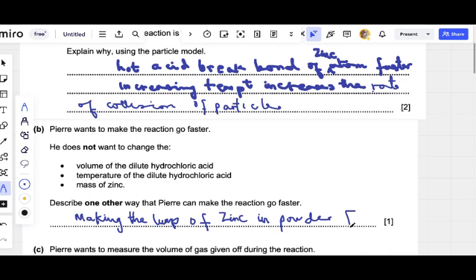If you put it in powder form, you increase the surface area, and hence you increase the rate of reaction.